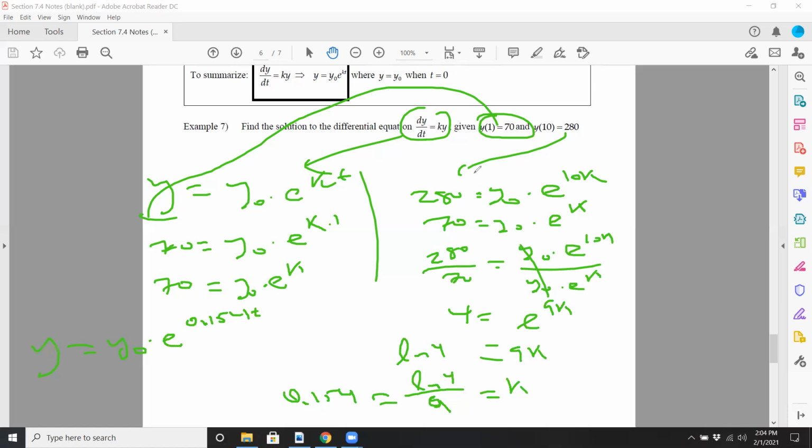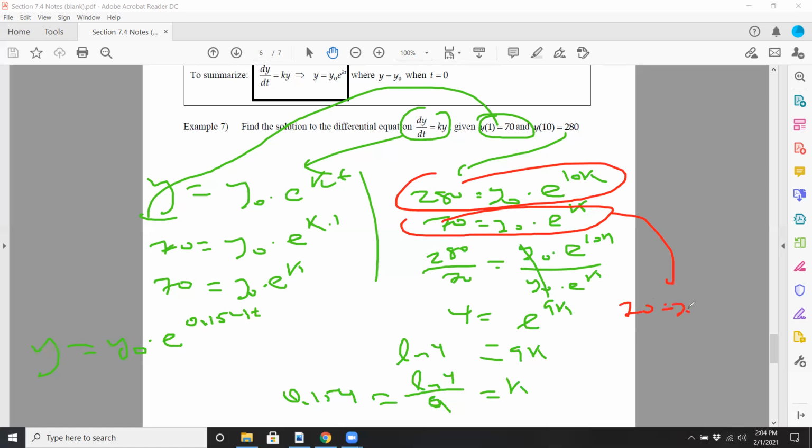I can use either this one or the one right below it to solve for y sub 0. If I use the one right below it, 70 equals y sub 0 times e to the 0.154. So if I do e to that power, and 70 divided by that number, actually I get 60.007.